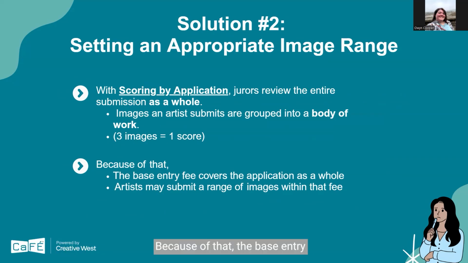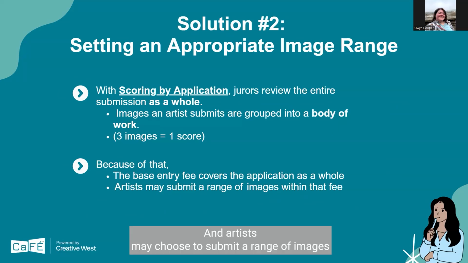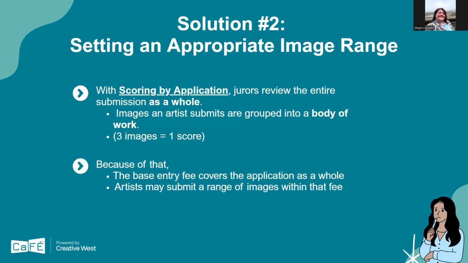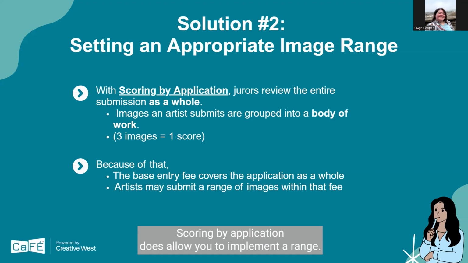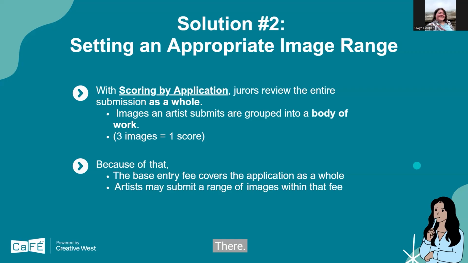Because of that, the base entry fee covers the application entirely, and artists may choose to submit a range of images within your base entry fee. Whereas scoring by art, you're not able to do a range. Scoring by application does allow you to implement a range there.